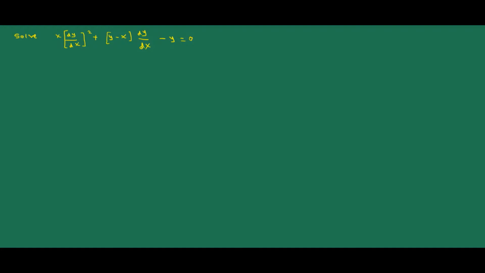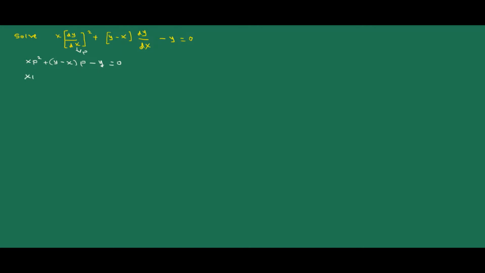The given differential equation can also be written, with dy by dx as p, as xp square plus y minus x into p minus y is equal to 0.